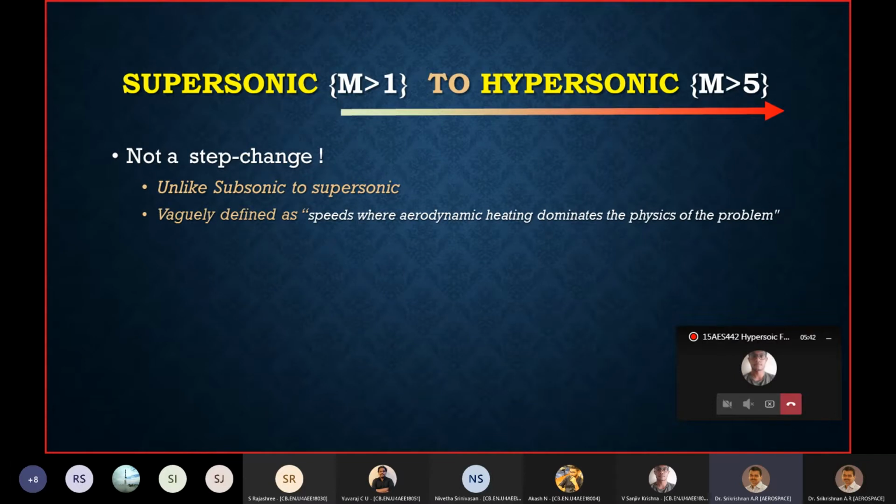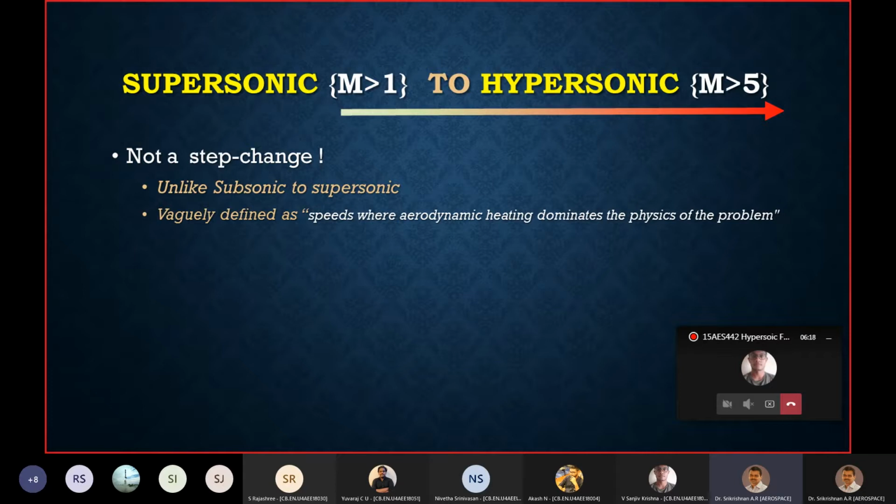Unlike subsonic to supersonic, where there are some dramatic changes. For example, you cannot have a shock wave in subsonic flow, whereas in supersonic flow, you invariably encounter shock waves in all real life applications. That is because the flow velocity exceeds the sonic velocity, and the underlying physics changes with respect to the propagation of sonic pressure waves.